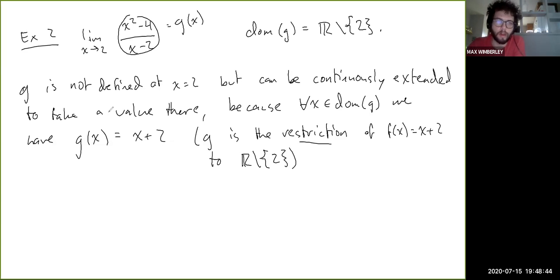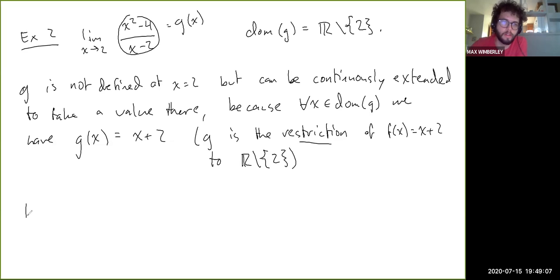Long story short, this limit exists, because if you take for granted that continuous functions have limits at points, then the fact that g can be extended continuously means that this limit exists and equals the value of the extension.